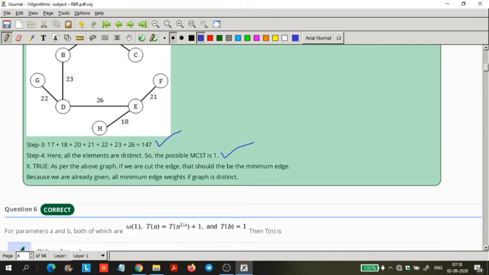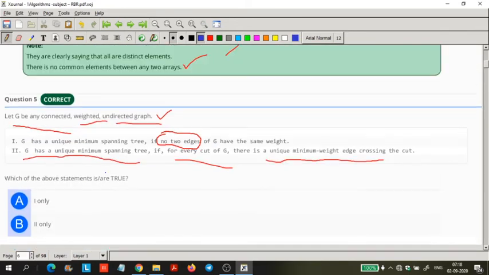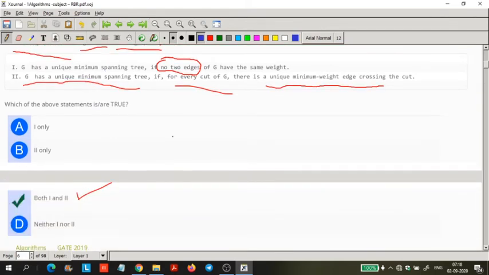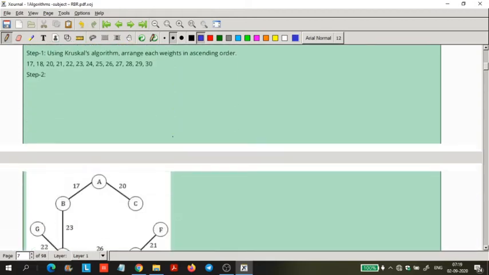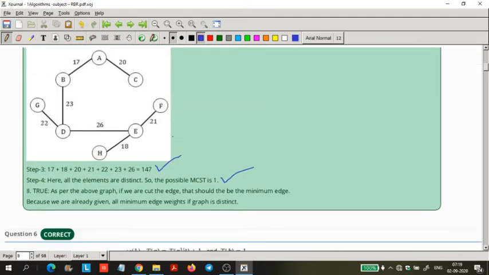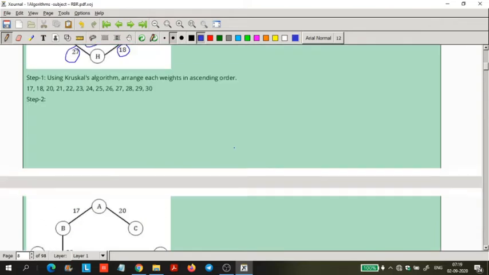So the first statement, that G has a unique minimum spanning tree if no two edges have the same weight, is true. And the second one: as per the above graph, if we cut the edge, that should be the minimum edge, because we are already given all the minimum edge weights if the graph is distinct.